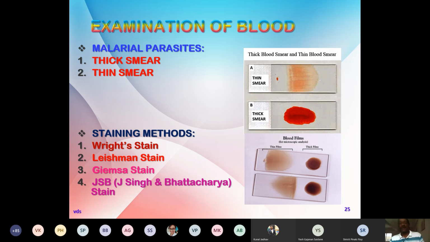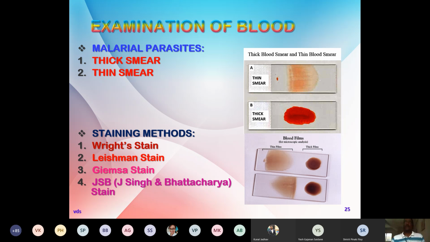The second is the thin smear, where we prepare a thin film of blood by taking one small drop of blood on one side of the slide and spreading it with another glass slide, so that a very thin uniform film is prepared.